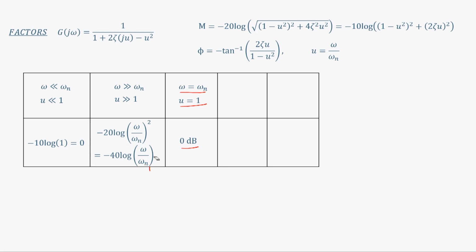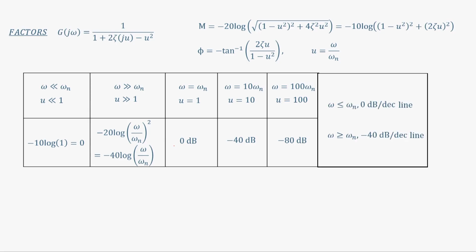We go ahead, omega equal to 10 omega n. So, this becomes 10, minus 40 log of 10 is minus 40. Then omega equal to 100 omega n, that means u is 100. In this case you get minus 80 dB. Again remember, we are just doing certain approximations here. These are not the exact values.